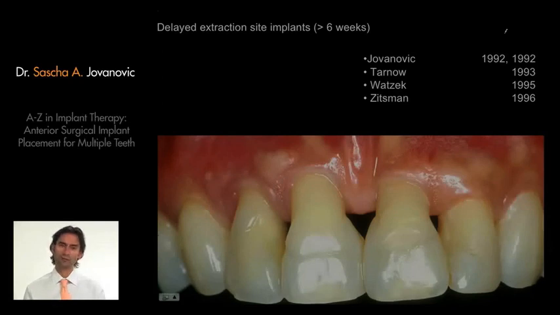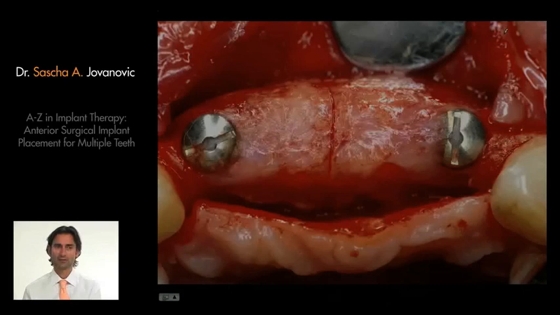I'm going to place here 2 implants in the lateral incisor, but I want to increase my chances for success with the grafting procedure. So what I'll do first is I'm going to remove these teeth. I can then just let the soft tissue granulate in. I come back 6 weeks later. And 6 weeks later, I'm going to be grafting this with bone, with implants, and you can have a result like this.